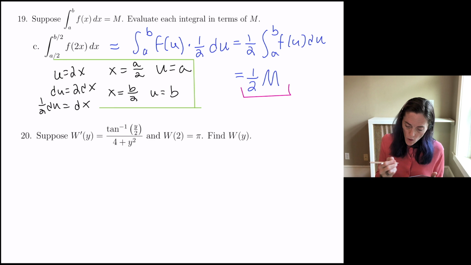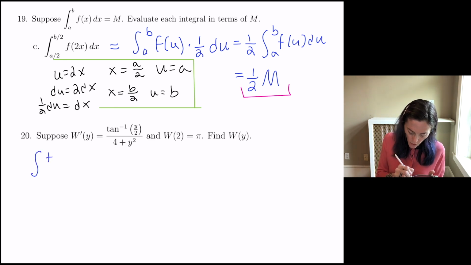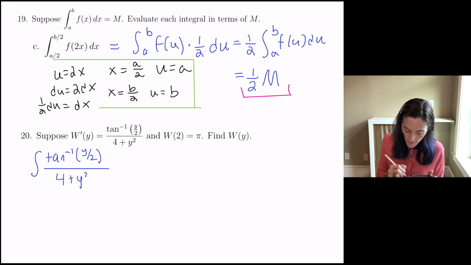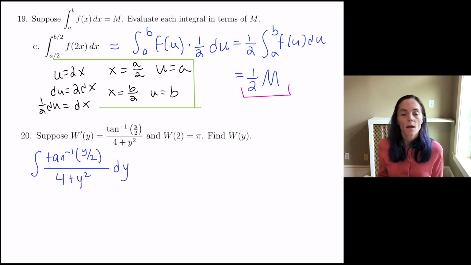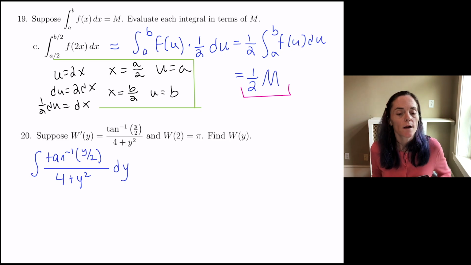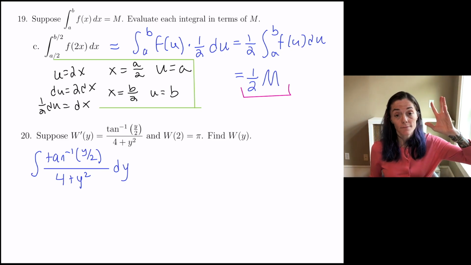Okay, so in order to address this, the integral of tan inverse of y over 2 divided by 4 plus y squared dy. How can we think about this function? Well, I see a tan inverse.